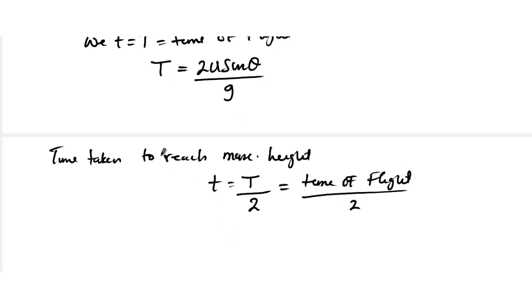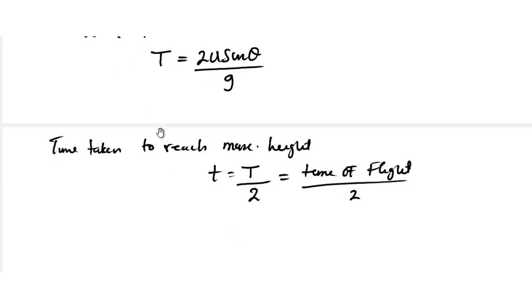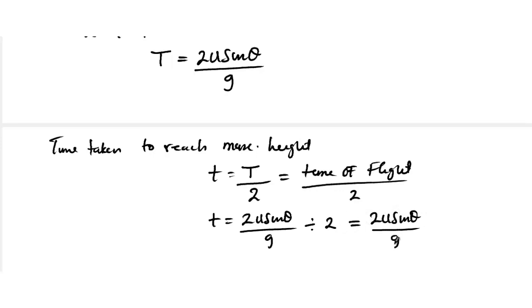And don't forget, we already have our time of flight, which is 2u sine theta over g. So t is equal to 2u sine theta over g, divided by 2. This turns to 2u sine theta over g times 1 over 2, because if you turn division to multiplication, this inverts, as this is basically 2 over 1.